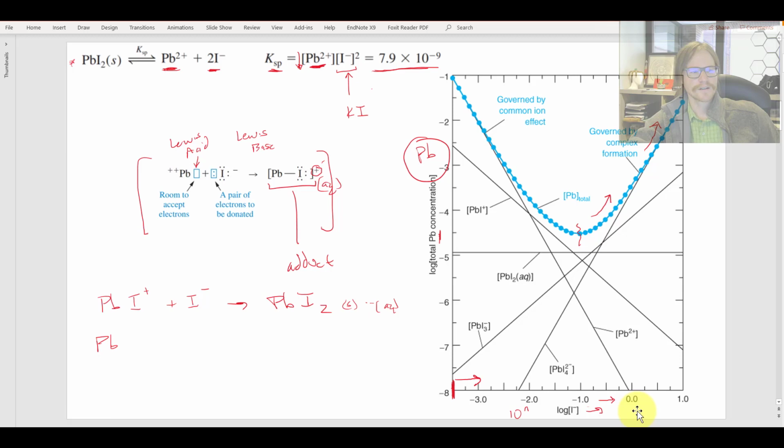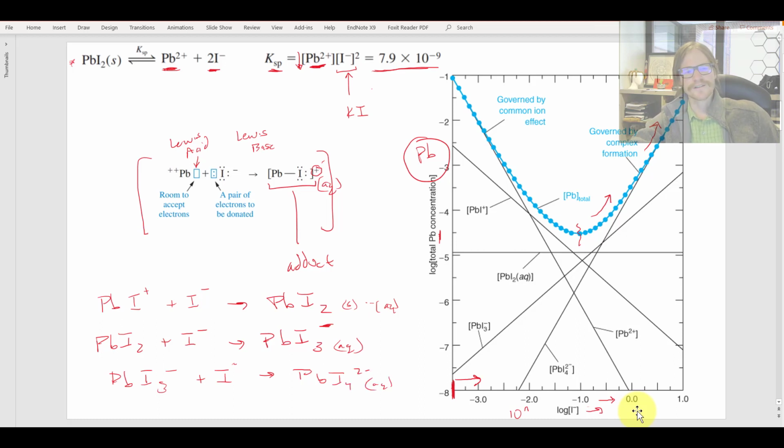So we could have PbI2 plus another iodide and make this new adduct, PbI3, and now this overall complex has a minus charge, and that PbI3 can add up to one more iodide to make PbI4, 2 minus, again, aqueous.